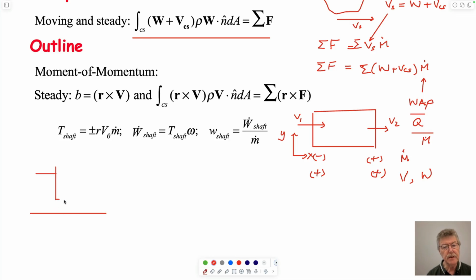We had this undershot weir, and I guess I would draw it at the top of here. Actually, we can draw it like that.